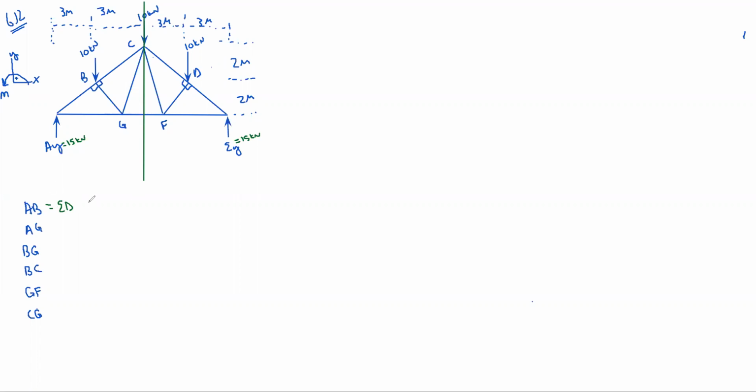AG and EF are exactly the same. BG and DF correspond. BC and CD correspond. CG and CF correspond, and GF is right in the middle. So that's a handy piece of information to know, because it tells me I only have to work out half the members, or a little over half the members.